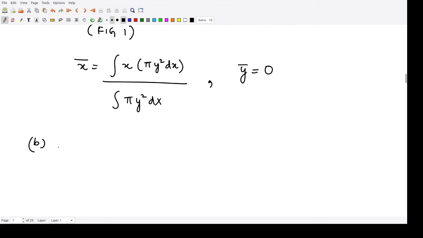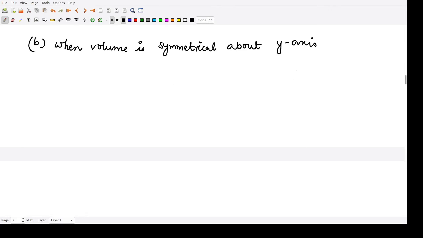For the second case, when the volume is symmetrical about the y-axis, our figure would be something like this. Suppose this is the figure, right?